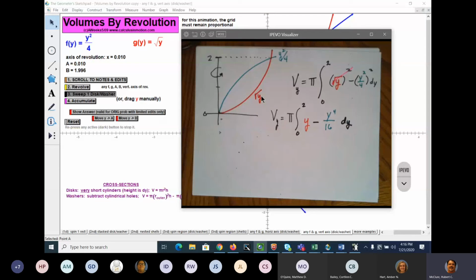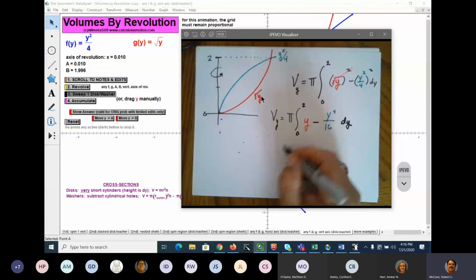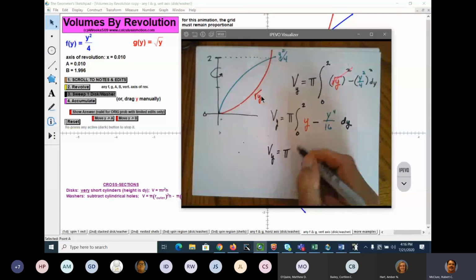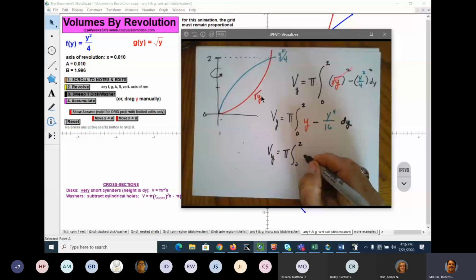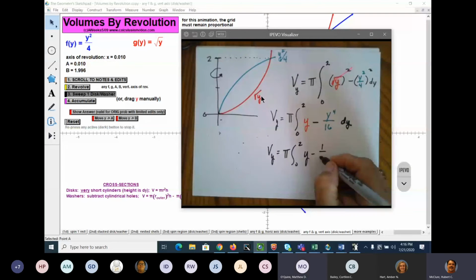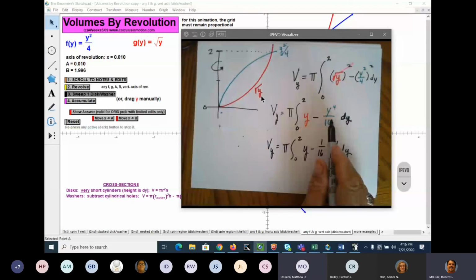Now you can rewrite this and make this V sub y equals pi, integral from 0 to 2 of y minus 1/16 y to the 4th dy. I don't want you to sit there staring at that y to the 4th over 16 for more than a minute, because you're wasting time.